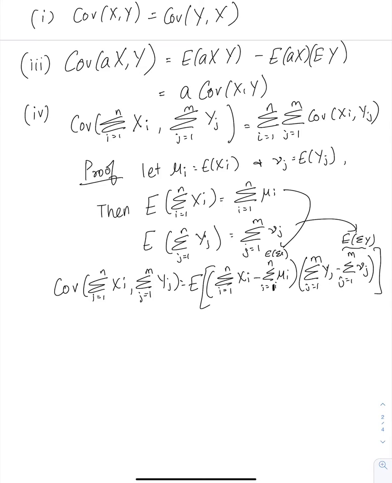Let's open this up and take a product. To make it simpler, we're going to combine these two. So each individual one I will subtract from the individual.